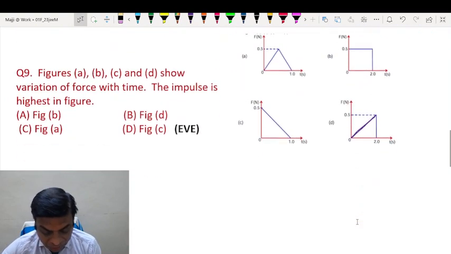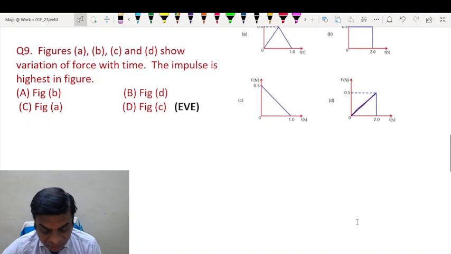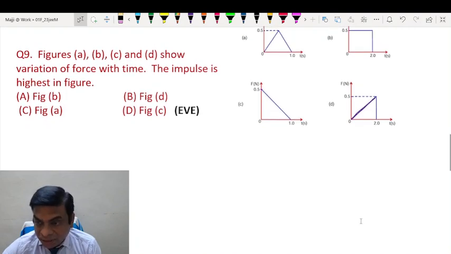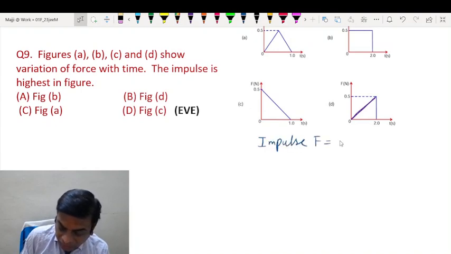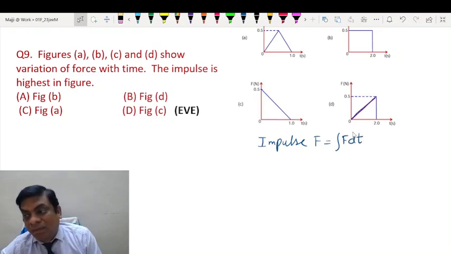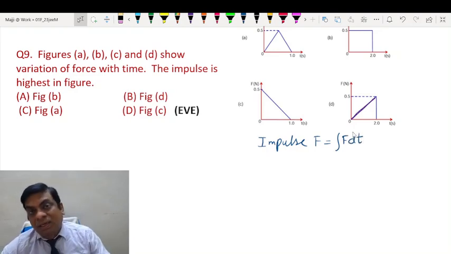Then moving to the next question, figures A, B, C, D show variation of force with time. In which is the impulse highest? Now students, we know impulse is the effect of force for whatever interval it is acting.